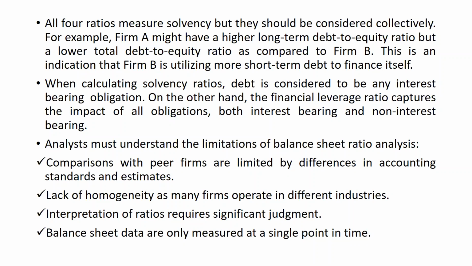Lack of homogeneity, as many firms operate in different industries. It's not only industries, it can be different countries, like when comparing different banks. You guys did that, for example, with the 11 investments from the EBRD. You did not compare the banks individually, but took them as a single classified group of countries, assuming they are all homogeneous.